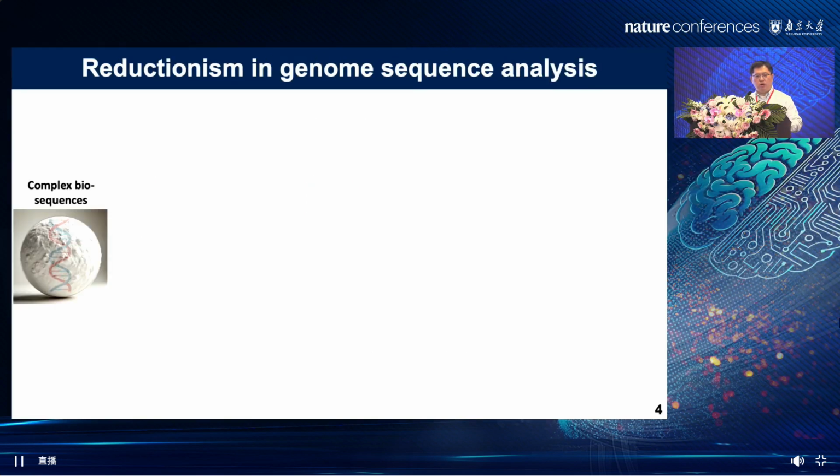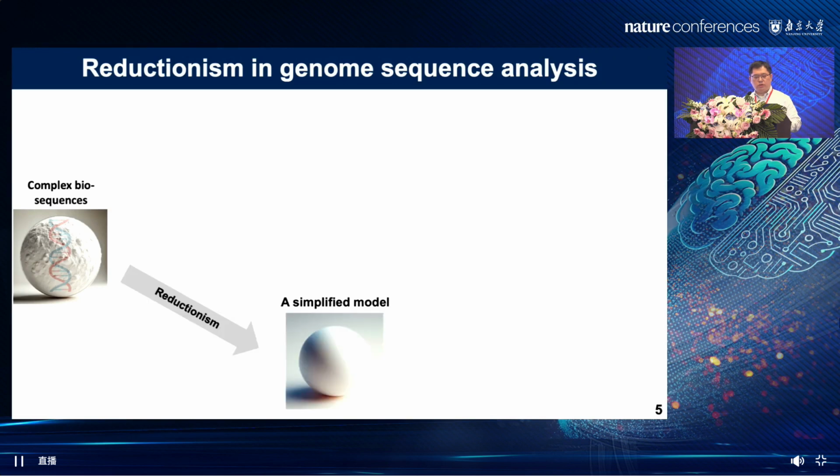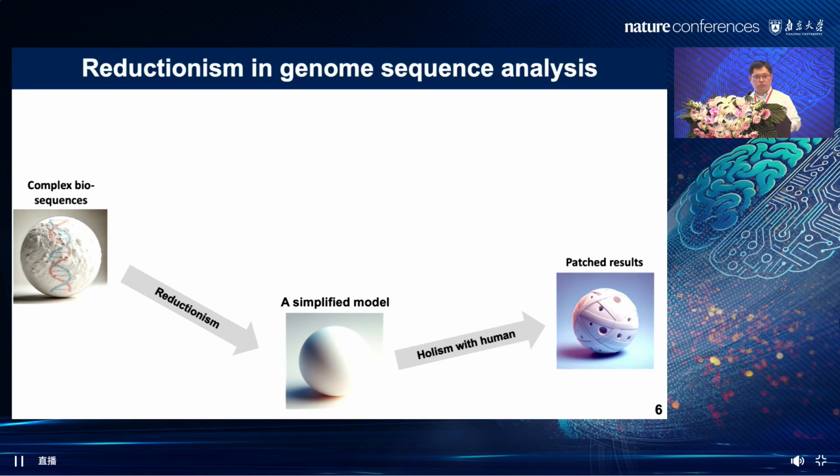When we want to analyze a complex biological question, for example complex biosequences, we tend to use reductionism and build a simplified model. However, because the number of parameters is not sufficient, often we have to patch it with all kinds of additional filters, increasing the number of parameters.